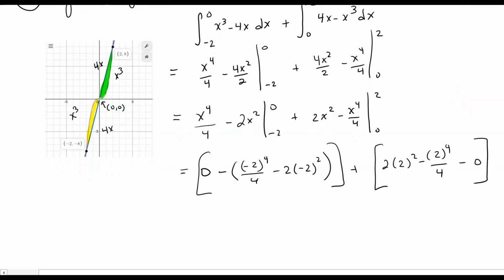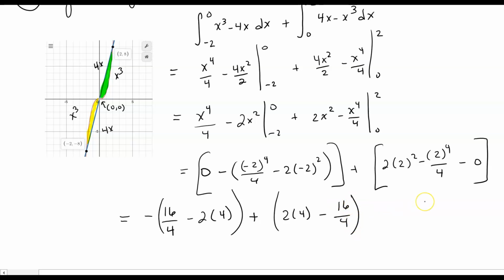Not much more to do other than the simple arithmetic, but I think that probably will give you the greatest problem, not the calculus. Calculus here is easy. So we end up with something like 16, the opposite anyway of 16 over 4 minus 2 times 4, plus, and in this case it's, let's see, 2 times 4 minus 16 over 4, which again you can reduce all of that.